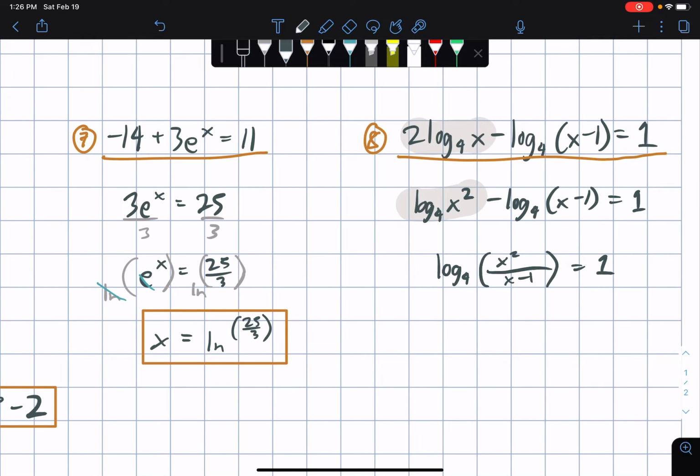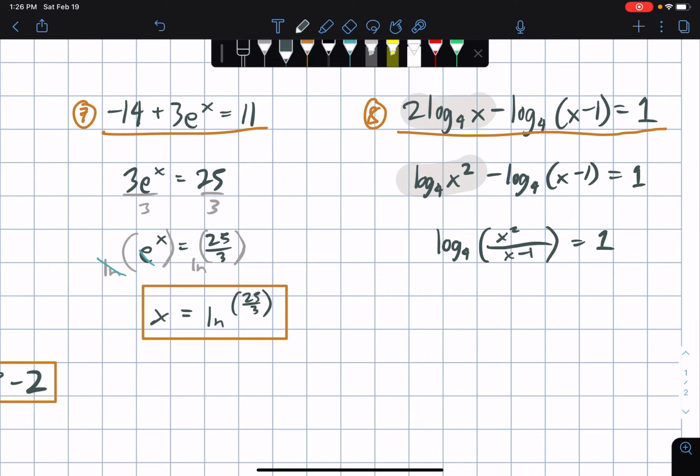After that, we multiply both sides with 4 because the base of the log is 4, I suppose. That's my hypothesis. It's not exactly proven, but I suppose it makes some sense at some point.